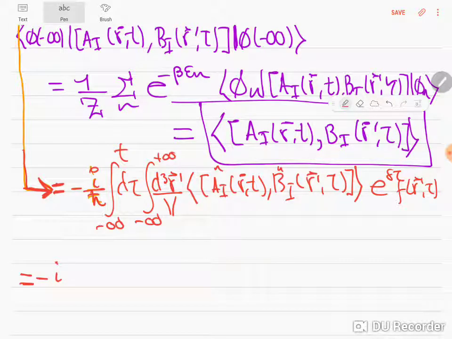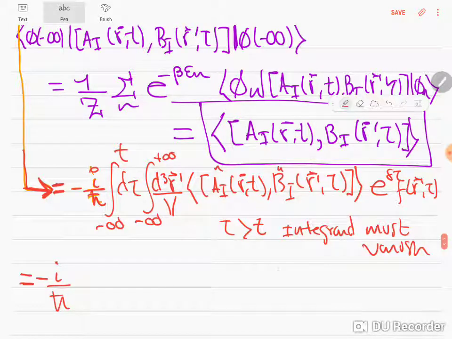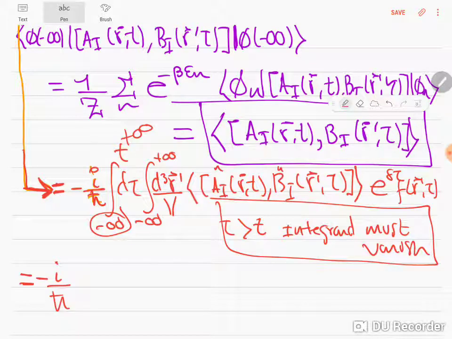That means that when the integration variable τ is greater than t, we have to impose a restriction that for τ greater than t, the integrand must vanish. So we're going to impose some restriction in order to go from minus infinity to plus infinity, but complying with this restriction.